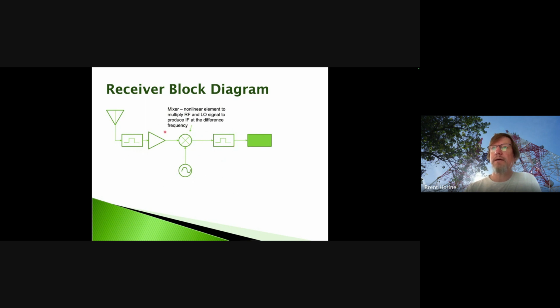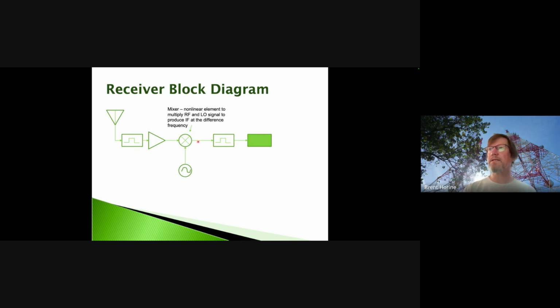And so if this is 2 gigahertz, this processing subsystem might be 10.7 megahertz, which is kind of an old common IF frequency, or it might be 70 megahertz. They tend to be a little higher these days because everything gets better ability to go higher in frequency.